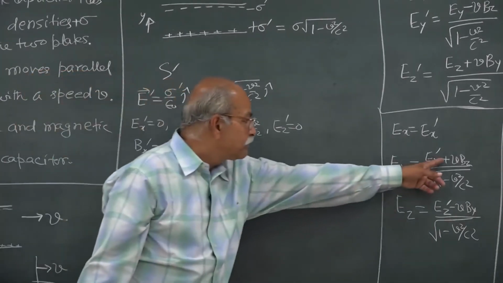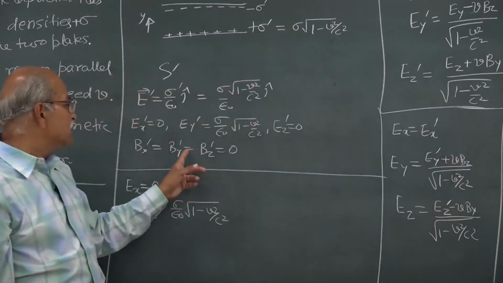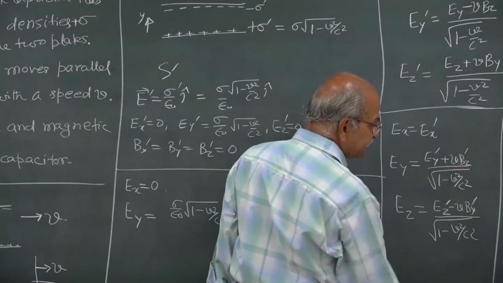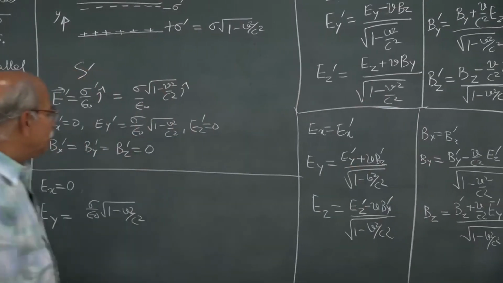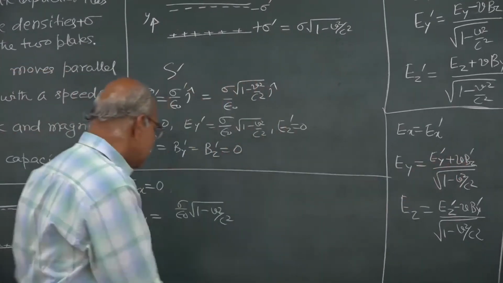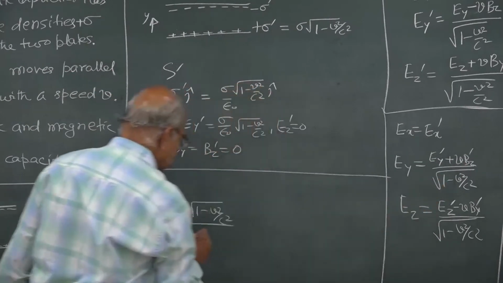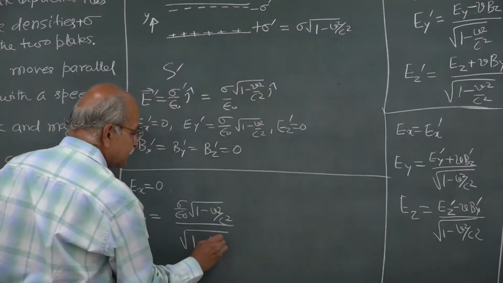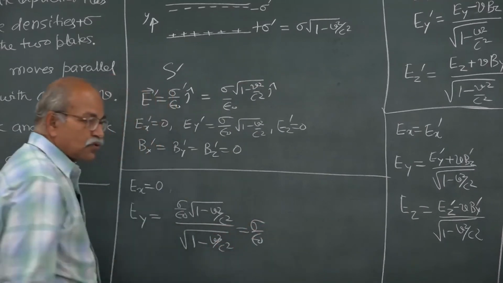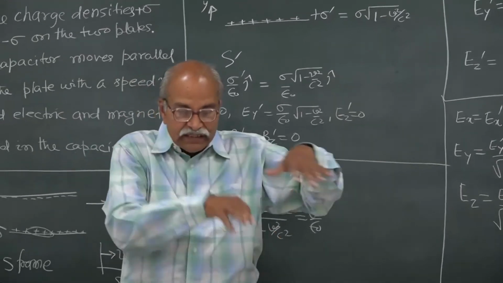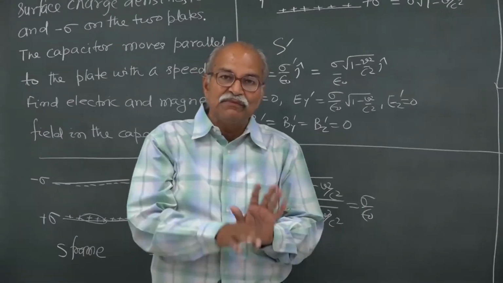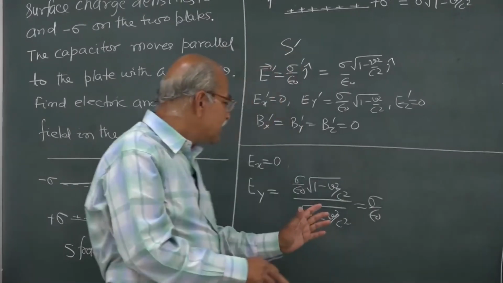That is Ey prime plus v into Bz prime. There is no Bz prime, so Bz prime is 0. So this second term I don't have to write. Then divided by square root of 1 minus v square by c square, which gives sigma over epsilon naught. So even if the capacitor is moving, these charges are moving, the electric field is still given by the charge density sigma divided by epsilon naught.